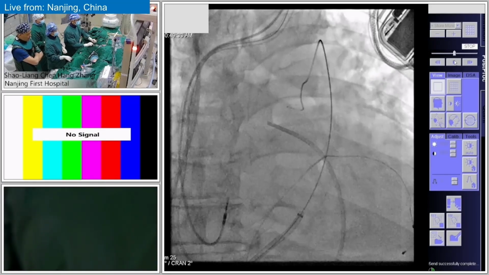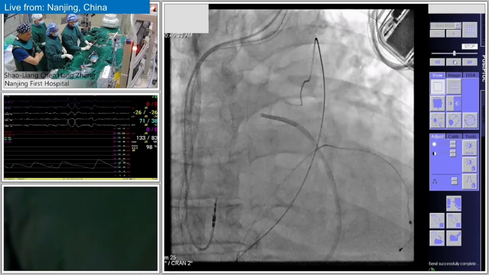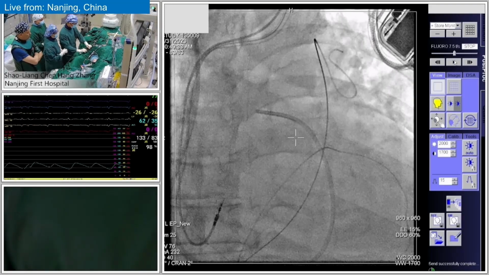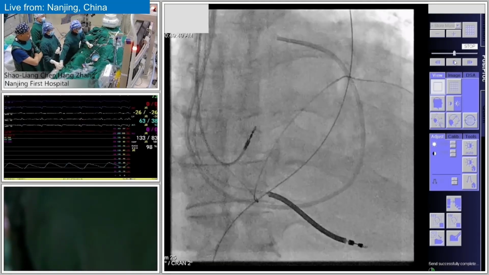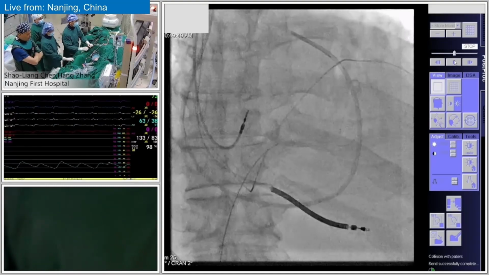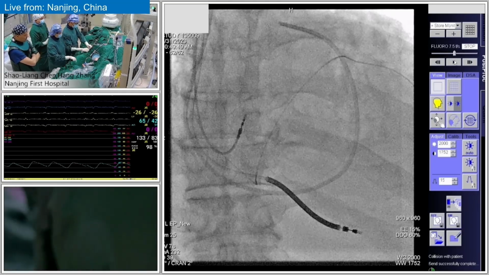Group 3 is associated with lung disease, particularly interstitial lung disease or even COPD. Group 4 is PH secondary to CTEPH. Group 5 is a group without a very clear etiology of pulmonary hypertension.